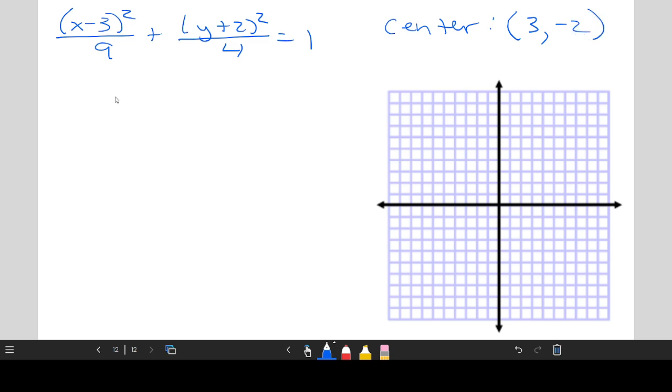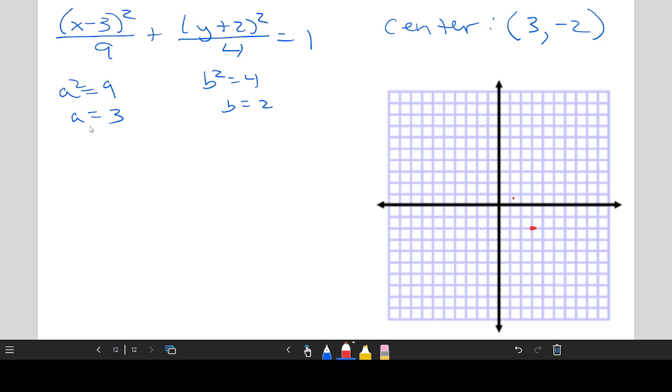So the center's at 3, negative 2. And the larger number is under x, so it's longer in the horizontal direction. A squared is 9, a is 3, and then b squared is 4, so b is 2. So the center is at 3, negative 2.